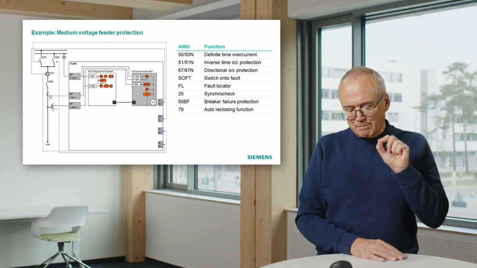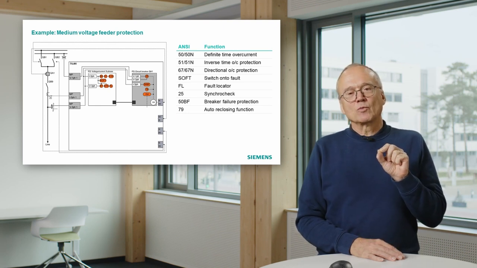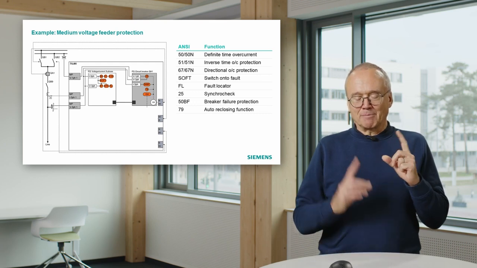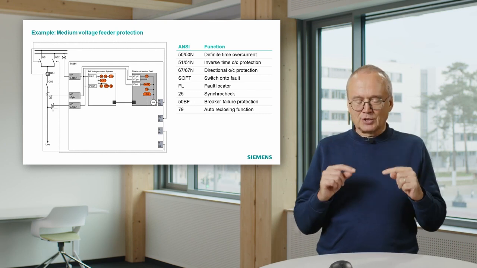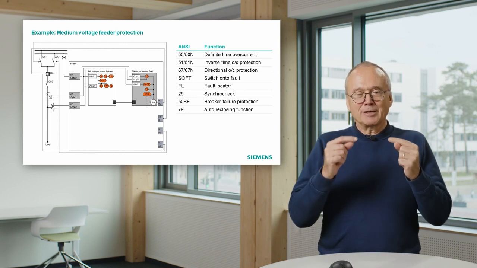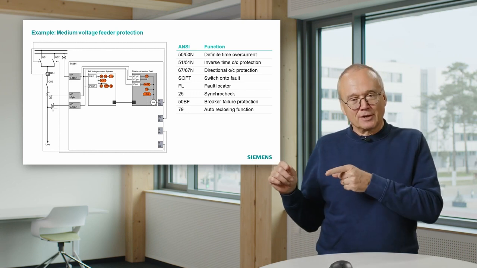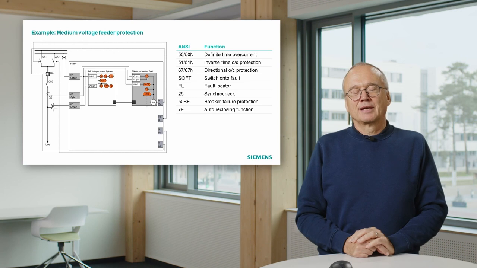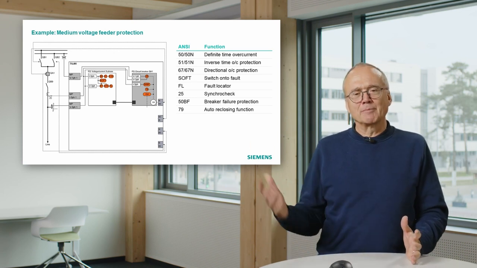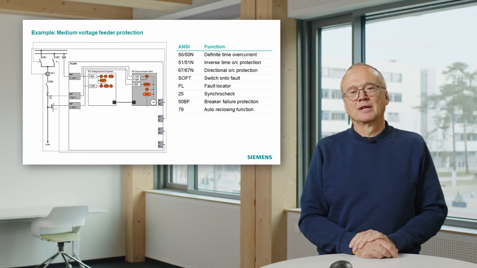And for this particular situation, we use a so-called switch onto fault function. That means the protection relay knows I'm now closing the breaker, and if at the same moment a fault occurs, it knows it doesn't make any sense to activate delay time to wait for 600 milliseconds.